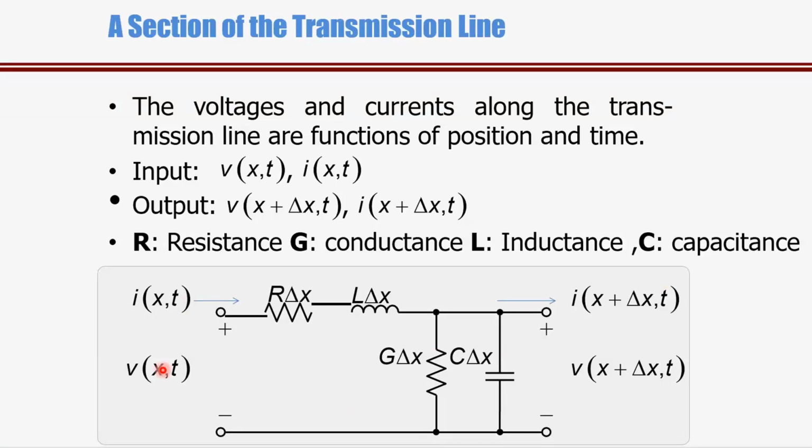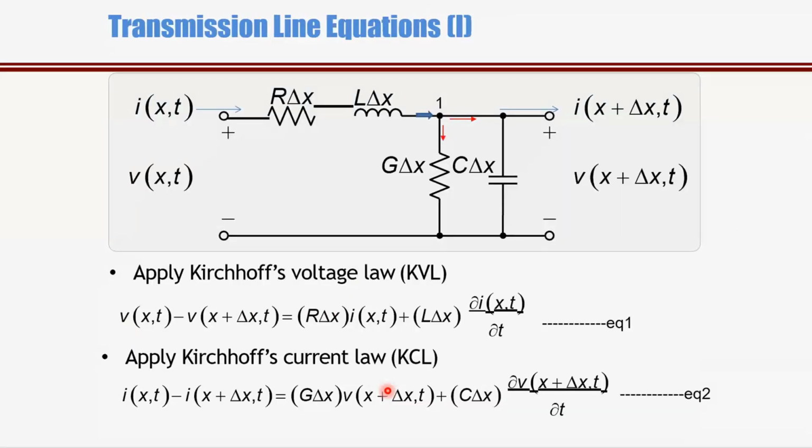We are going to apply KCL and KVL, and we are going to find out the equations for voltage and the equations for current in terms of the parameters R, L, G, and C. So again come to this slide. If I apply Kirchhoff's voltage law KVL to the first loop, then what is the equation that I get?